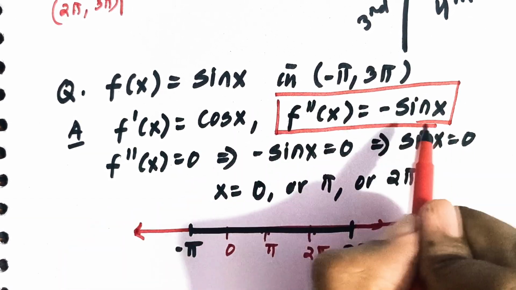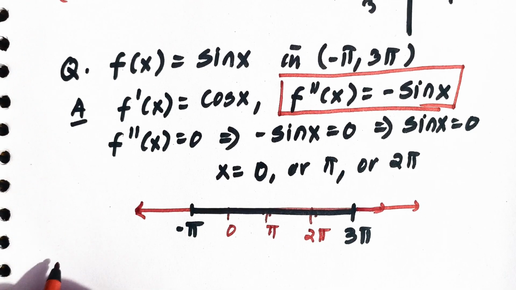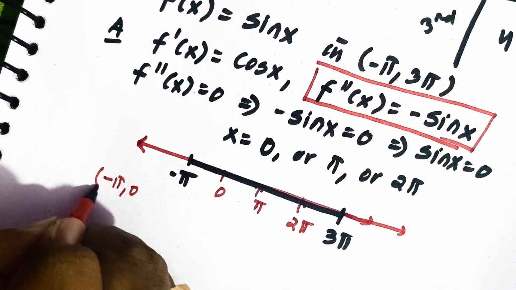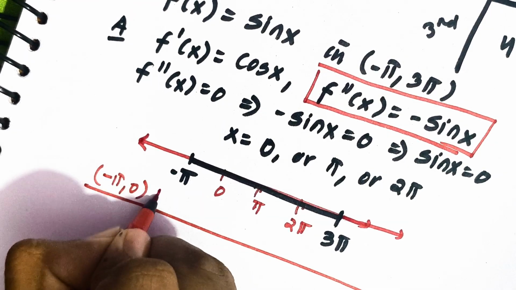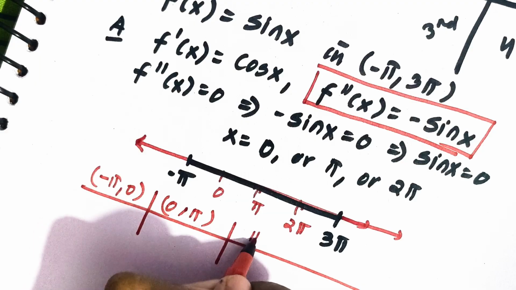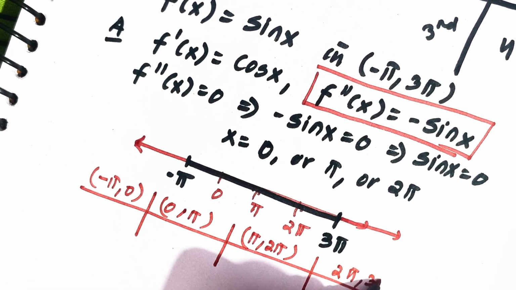So we want to find the sign of minus sin x. We have the intervals minus pi to 0, this is our one interval, then 0 to pi, then pi to 2 pi, then 2 pi to 3 pi.